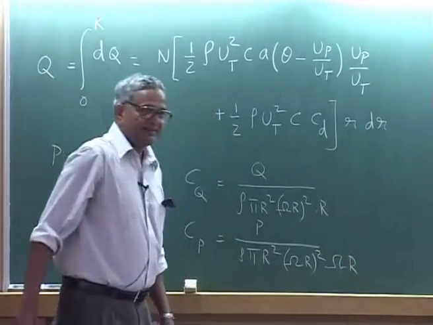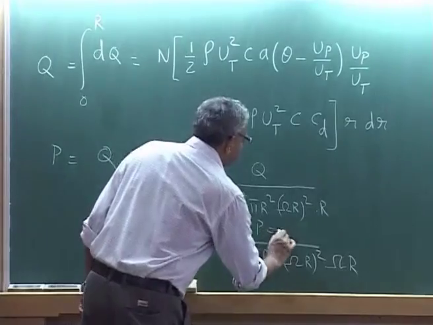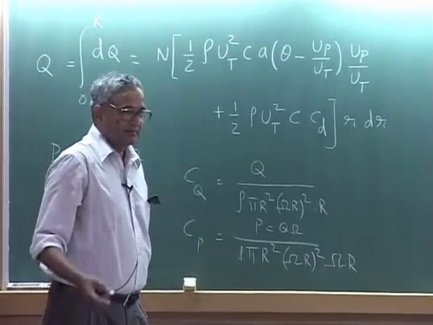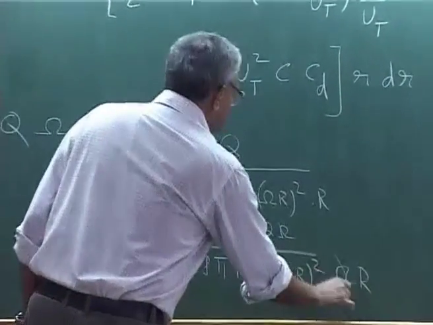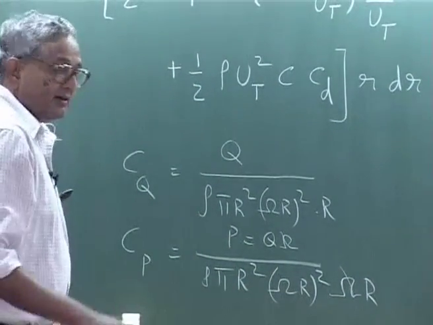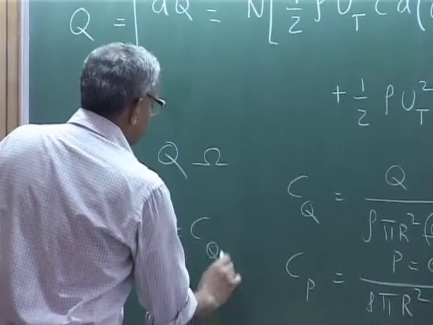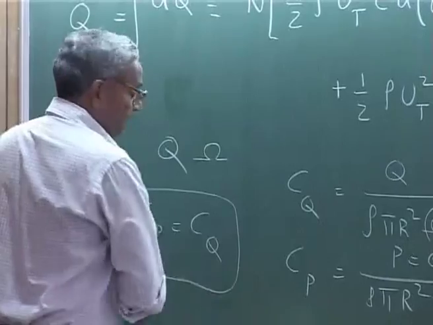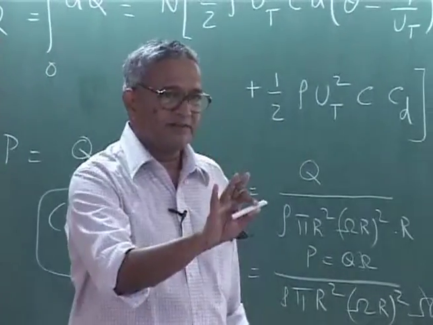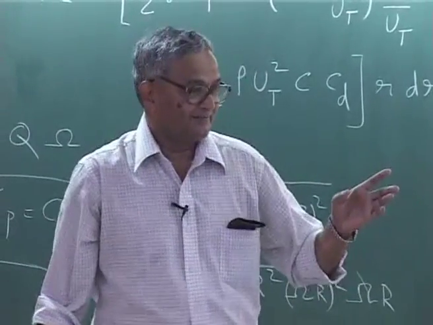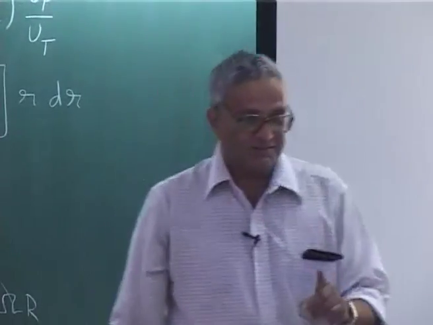Okay. All right. But you know that power is Q omega. Therefore, omega will cancel out, leaving behind you will simply say Cp is equal to Cq. So, power coefficient, the coefficient, not the power, is same as torque coefficient. Okay. Power coefficient is same value as torque coefficient.